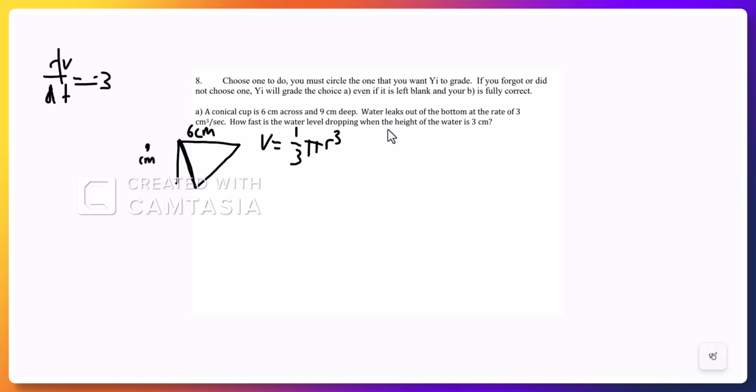Since we're looking for the height, we're going to use a ratio of the radius and height and put it in the volume equation. The ratio r over h: the diameter is 6 centimeters, so 6 divided by 2 equals 3, and this is going to be our radius, because a diameter divided by 2 is always going to equal r. So r over h equals 3 over 9.